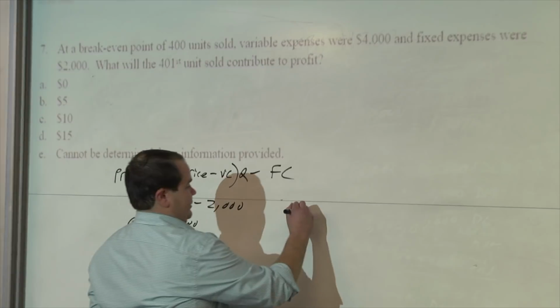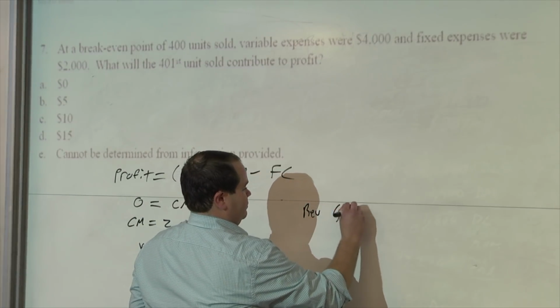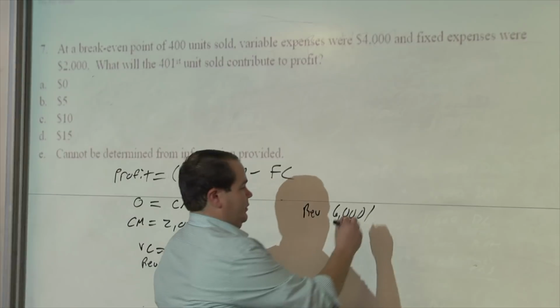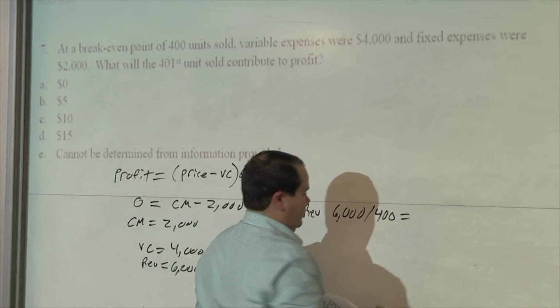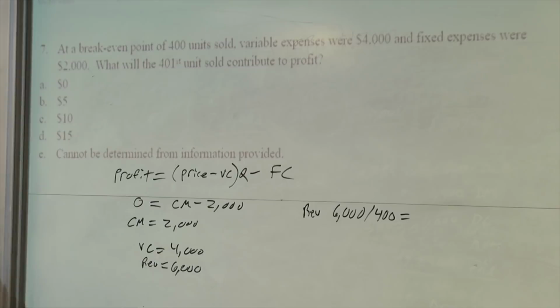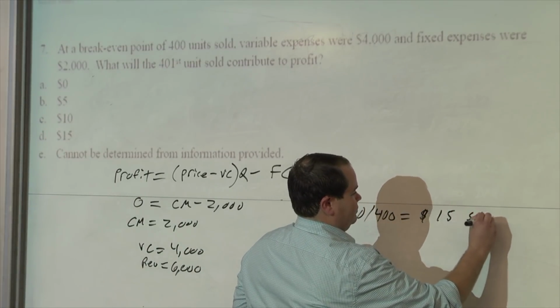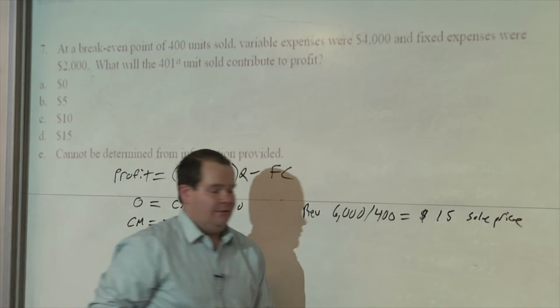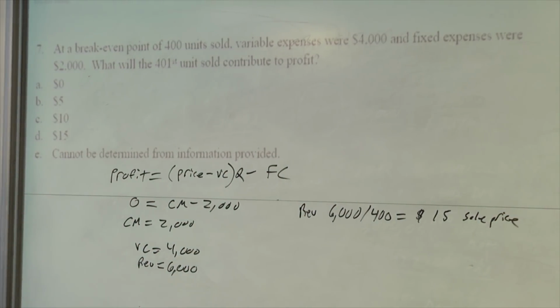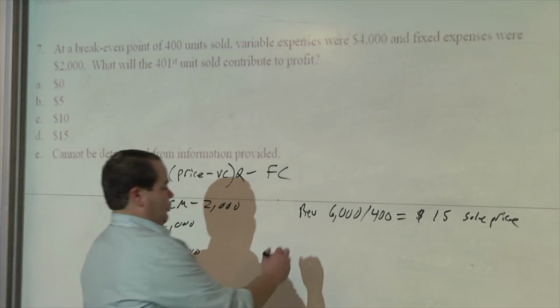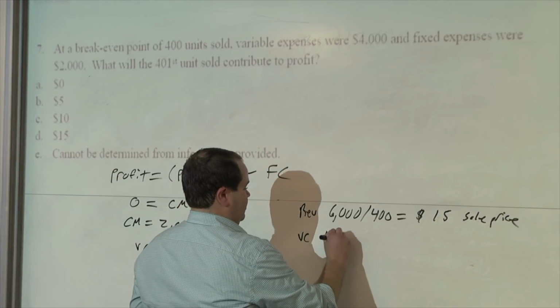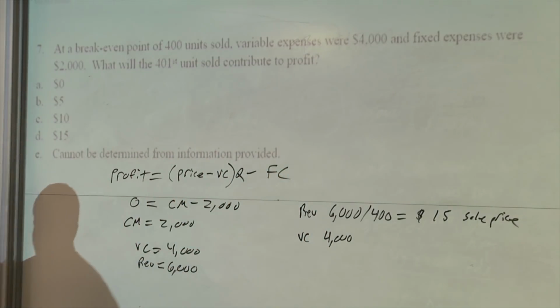So if we take that 6,000 in revenue, divide it by the 400 units we sold, right? They told us at this stage we would have sold 400 units. So we get a $15 sale price. At this point, this must be what we're selling these for. We then have our variable costs, which we know are 4,000.